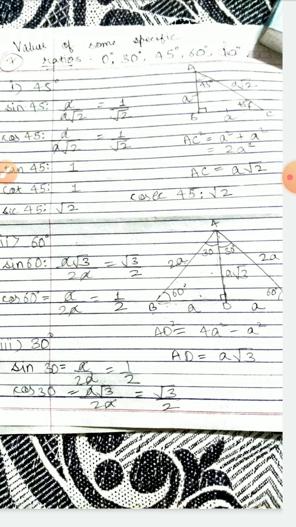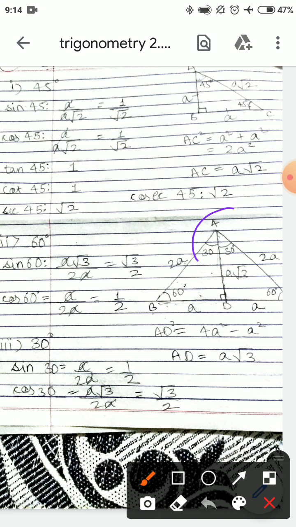So now in triangle ADB, you can see that angle BAD is equal to 30 degree. Angle ABD is equal to 60 degree, and this one is a right angle, right?